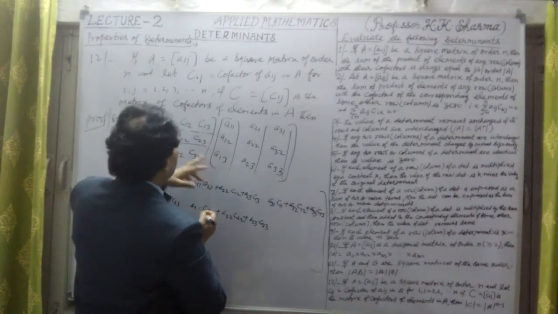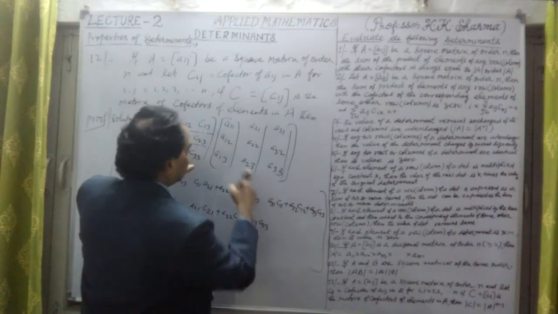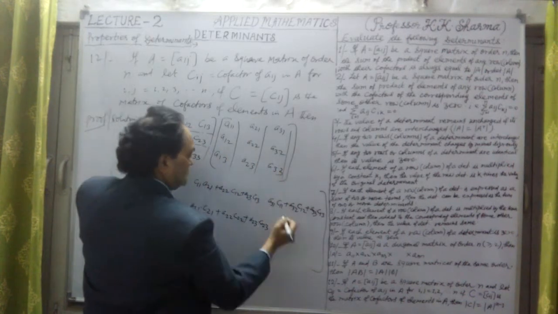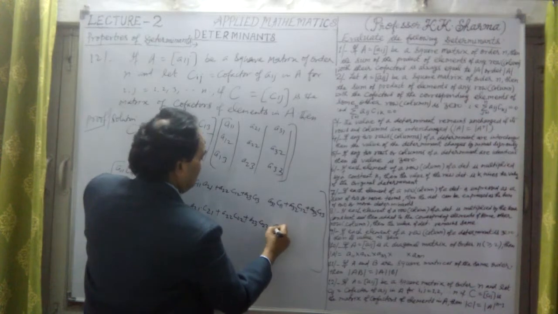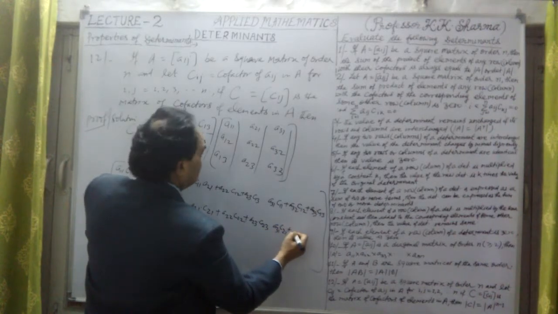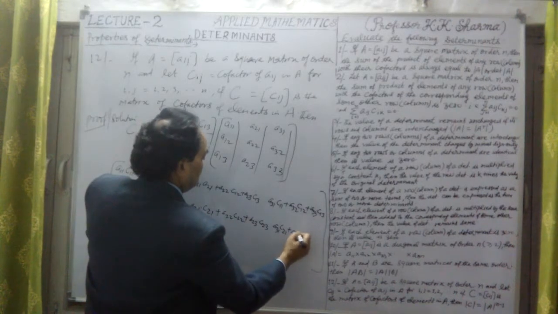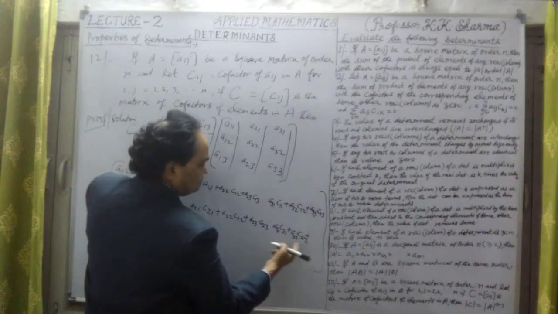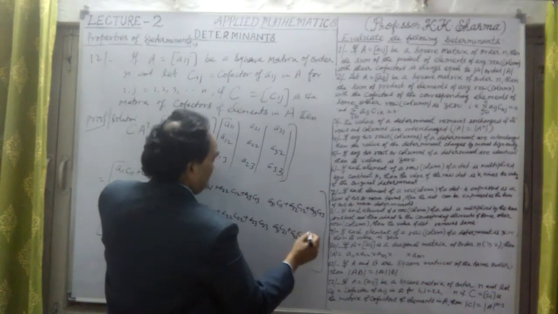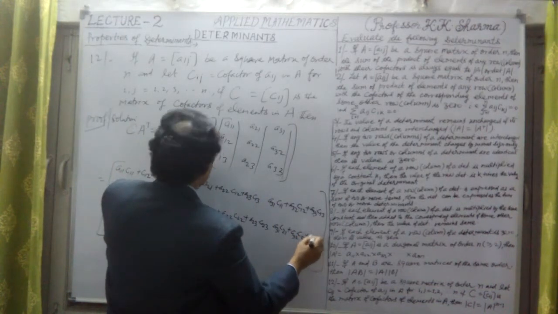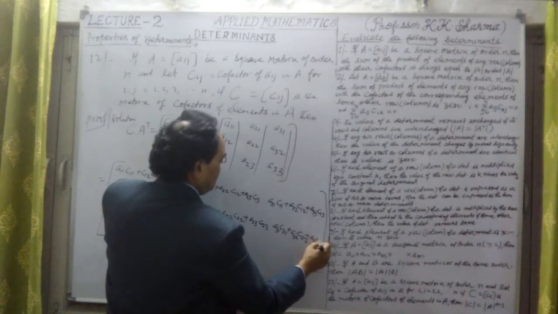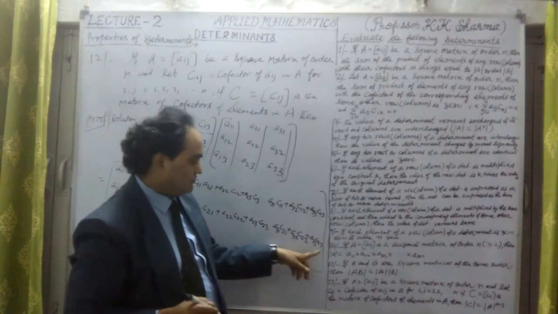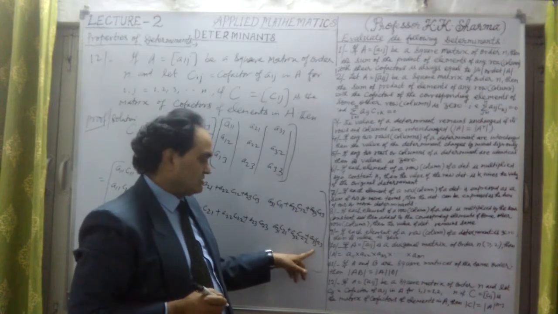Then second row, third column. This is A31 into C21, 0, plus A32 into C22, 0, plus A33 into C23, which is 0, because the cofactor is different and the element is different.